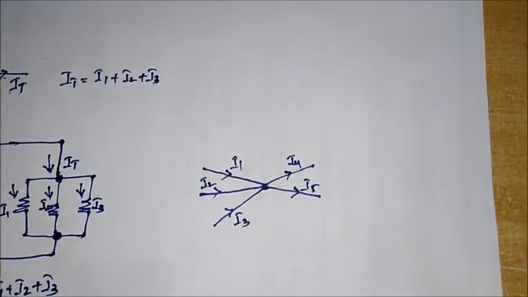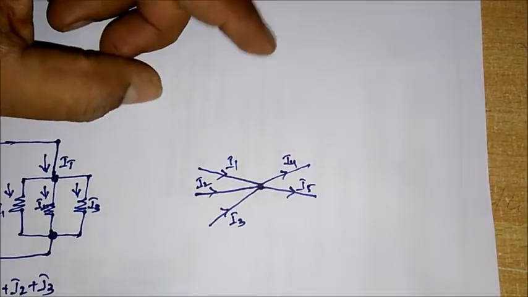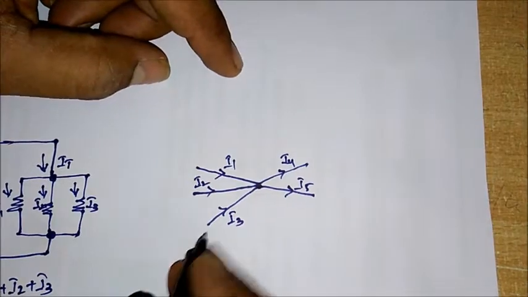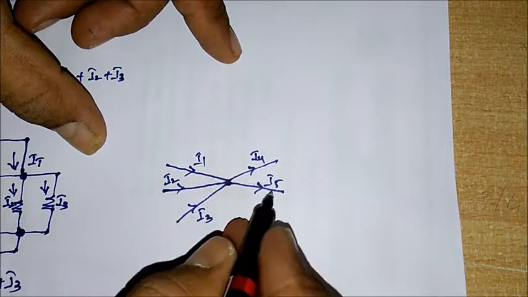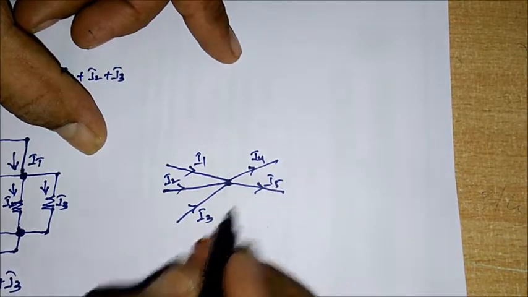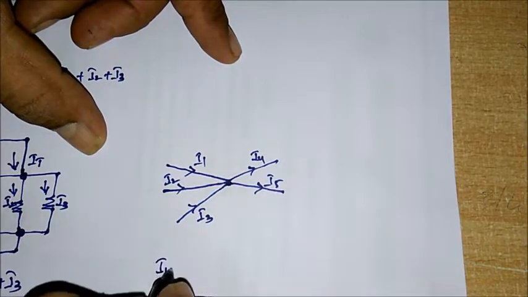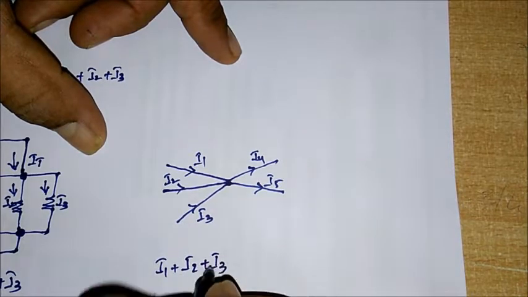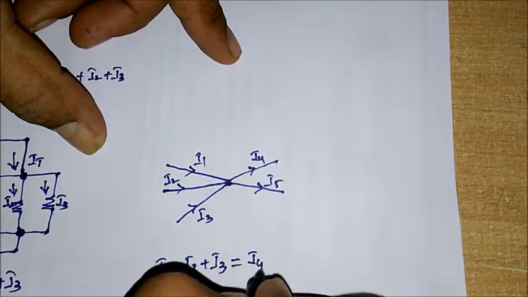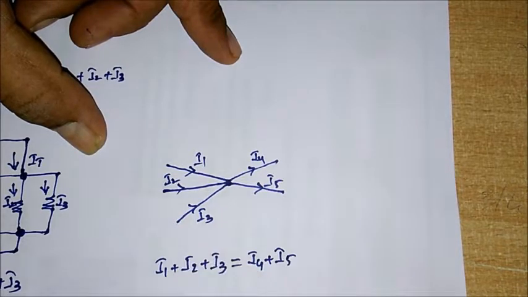Now if you see this particular example, we can define Kirchhoff's current law as: the sum of the currents entering the node is equal to the sum of the currents leaving the node. So I1 plus I2 plus I3 is equal to I4 plus I5.